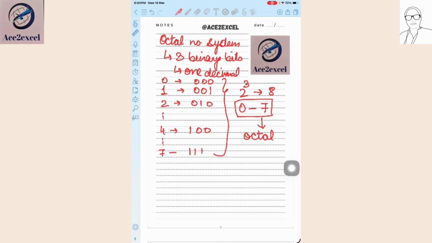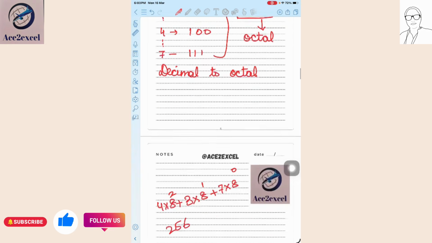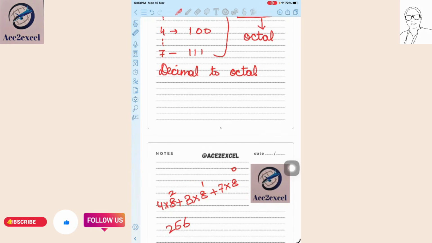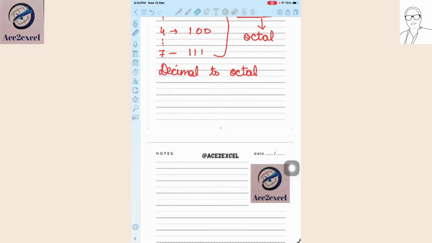Now, let us start with the conversion. First conversion, decimal to octal. Decimal to octal, D for decimal, D for divide. So let us consider the number 239. 239 needs to be converted from decimal to octal.